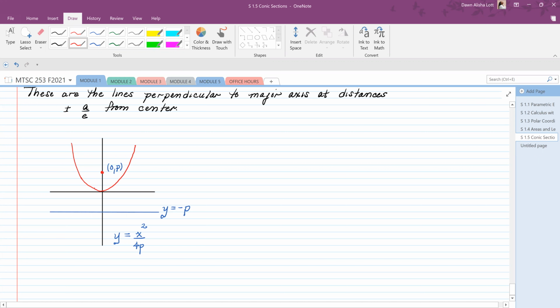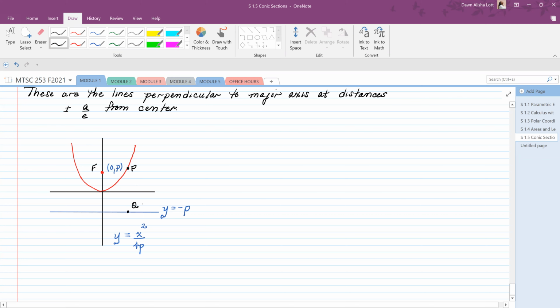All right. And we said that any point on the parabola right here, remember this was the focus and this is some point P, and this was the point Q, I think I called it.